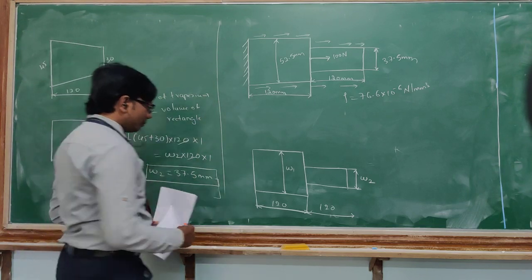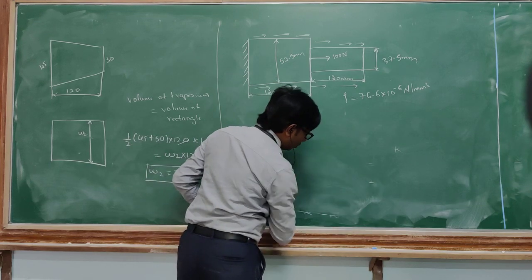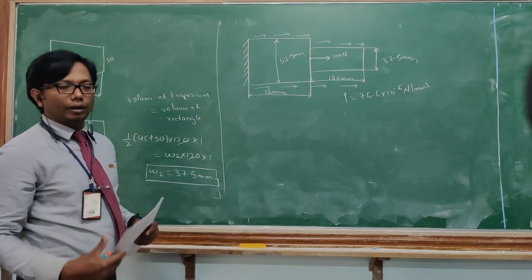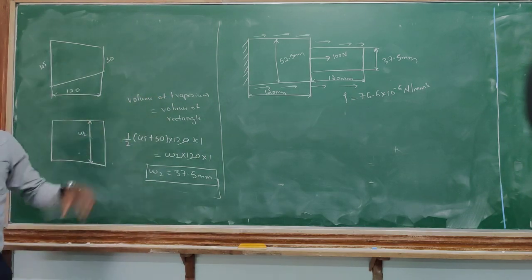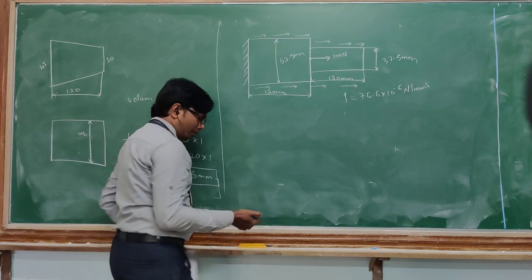So now we'll start with our FEA solution. Till now we have just converted the tapered bar volume into a rectangular bar. Now we'll actually start with the FEA model.